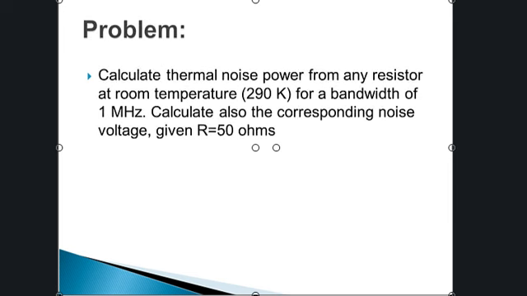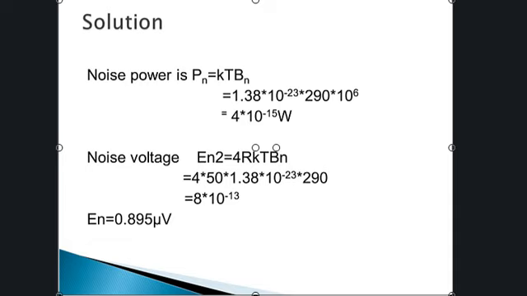Here we have a very simple example to calculate the thermal noise power from any resistor. The room temperature has been given to us as 290 Kelvin for a bandwidth of 1 megahertz. We need to calculate the corresponding noise voltage, given the resistance value as 50 ohms. It is a very simple problem wherein all the values have been given to us, but we need to know what the Boltzmann's constant is.